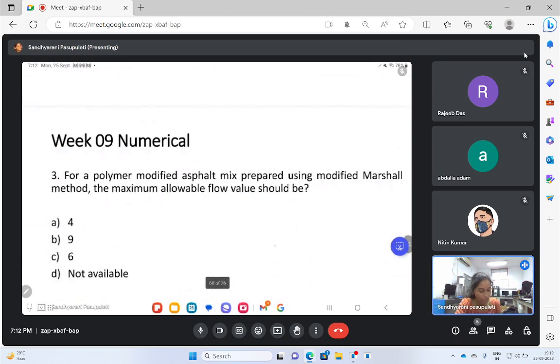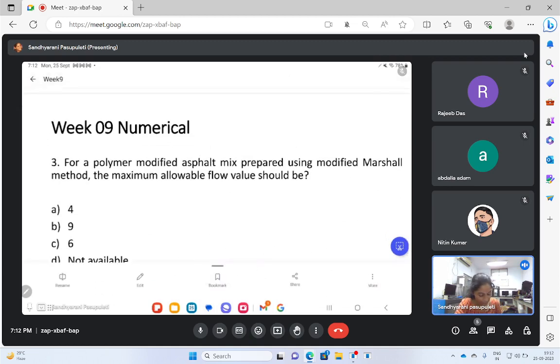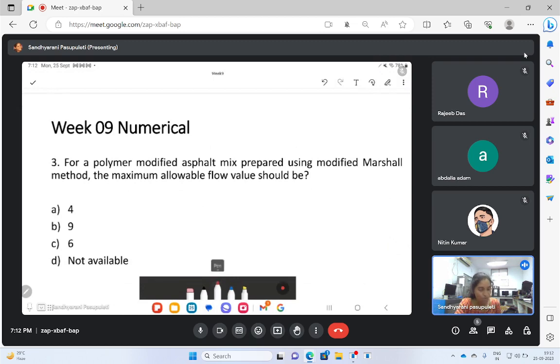For a polymer modified asphalt mix prepared using the modified Marshall method, the maximum allowable flow value should be. If you remember in today's class, we have the flow range given for both modified and unmodified binders in the MoRTH. But we have discussed that modified bitumens have higher elasticity, especially polymer modified bitumens.